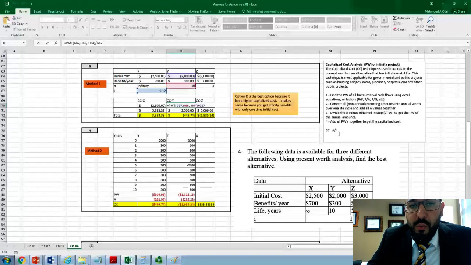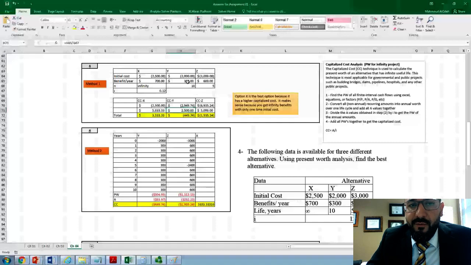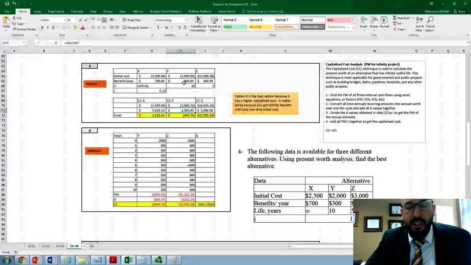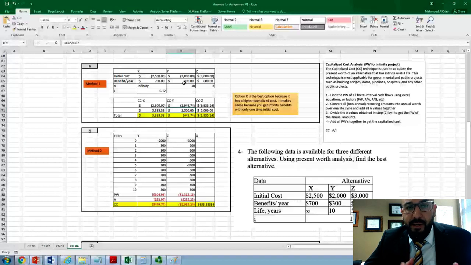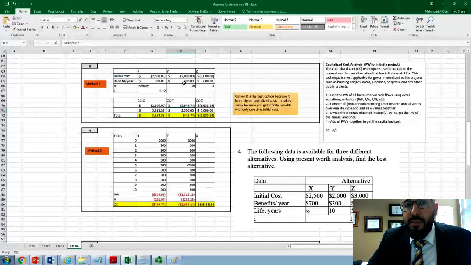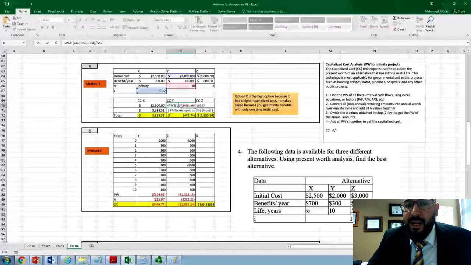So what we're trying to find is, if we keep buying alternative Y again and again for infinity, because we have to have an equal lifetime. We have to be fair when we evaluate alternatives. So even though the alternative is not infinite, we could buy it, assuming that we could buy it for infinite time. So first of all, the initial cost is converted into A by using the PMT function, and we divide that by i.